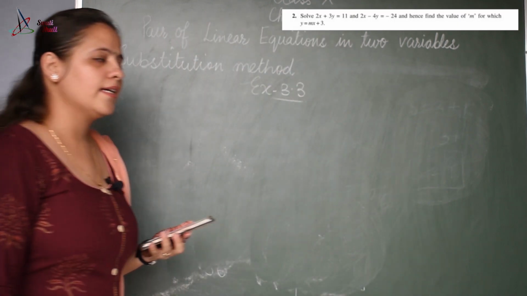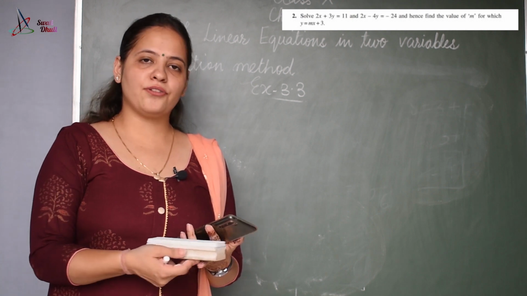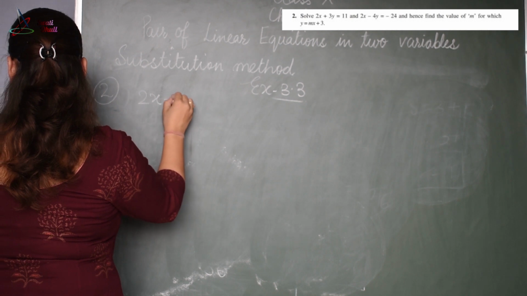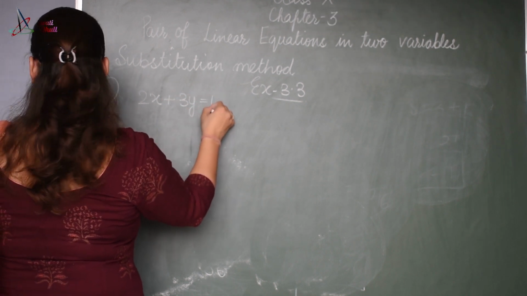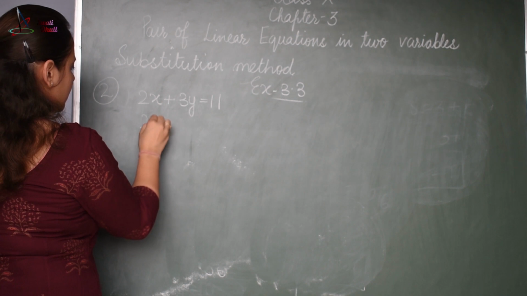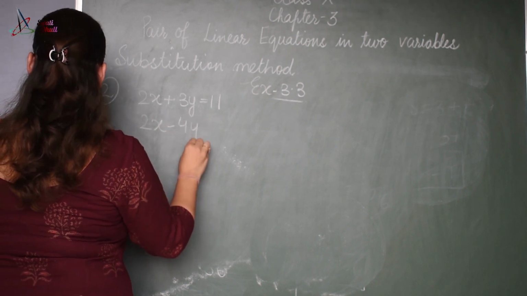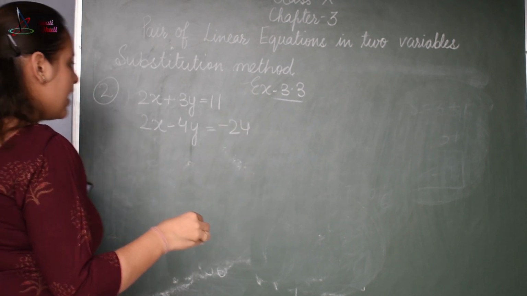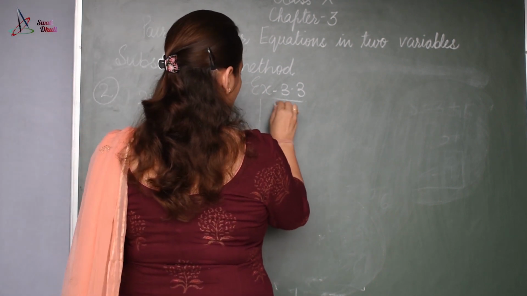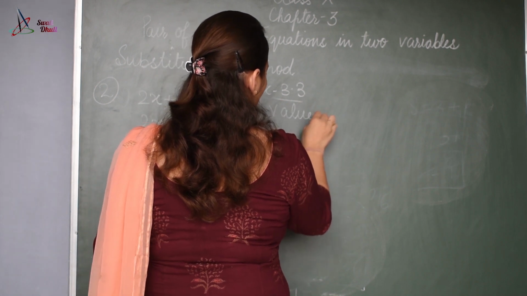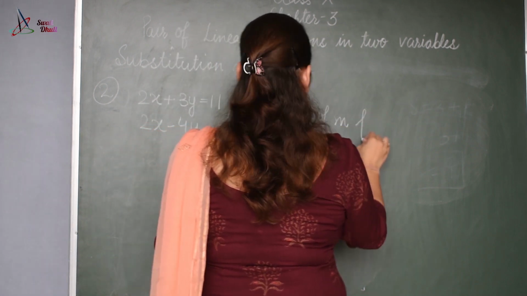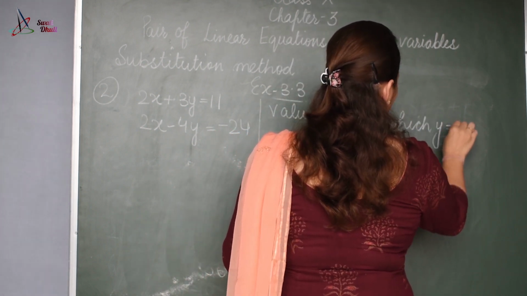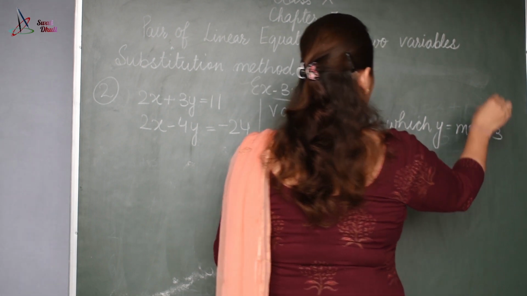Your question number 2 is: solve 2x plus 3y is equal to 11 and 2x minus 4y is equal to minus 24, and hence find the value of m for which y is equal to mx plus 3.